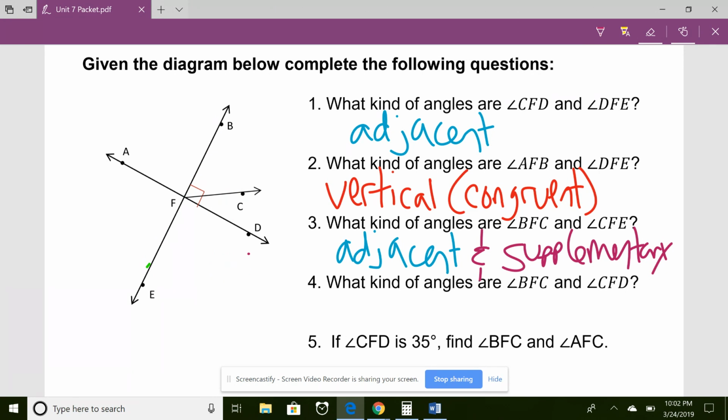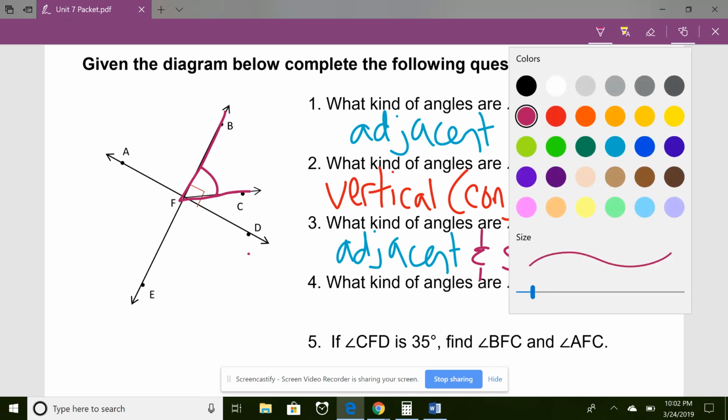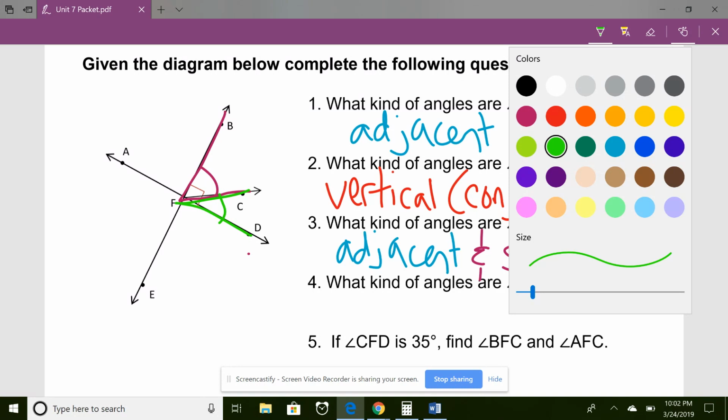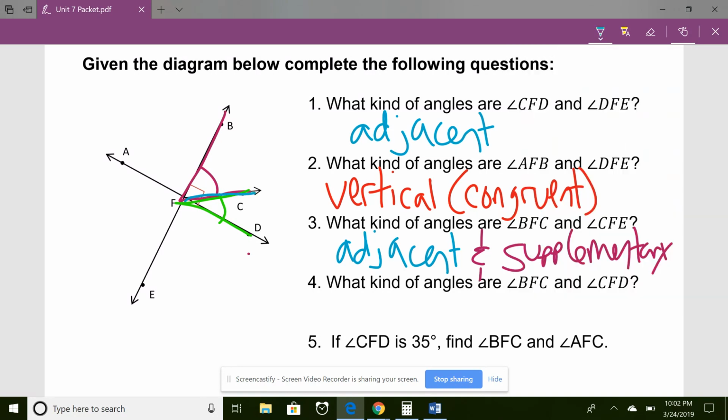Okay, and number 4 is asking what kind of angles are BFC and CFD. So you have BFC right there, and CFD. Now these two angles, again, are complementary. They share this common side, or adjacent, I should say, adjacent.